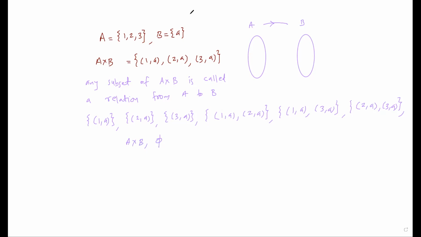See how many are there? 1, 2, 3, 4, 5, 6, 7, 8 subsets. So each of these 8 subsets of A cross B is a relation from A to B. Are you understanding? Are you getting my point?